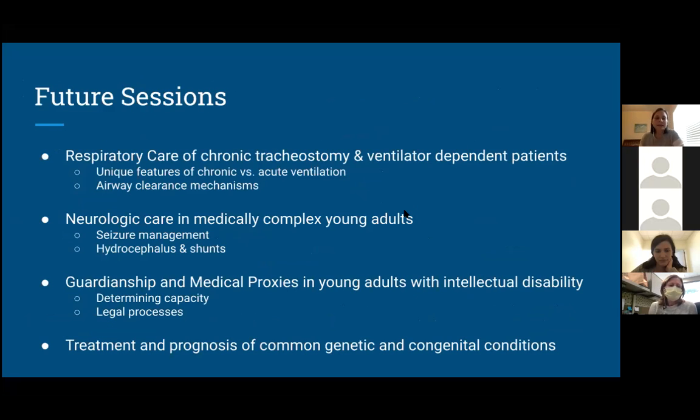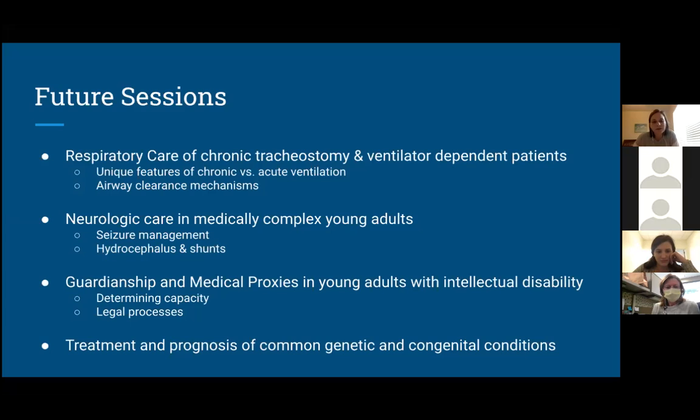And then lastly, we just wanted to highlight some of the future things we're hoping to talk about during Noon Conference about caring for medically complex young adults. In 2021, once this crazy year is over, we're planning to have a session focused on respiratory care of chronic trach and vent dependent patients. We're planning a session on neurologic care, focused on seizure management for refractory epilepsy and care of hydrocephalus and specific types of shunts and complications.